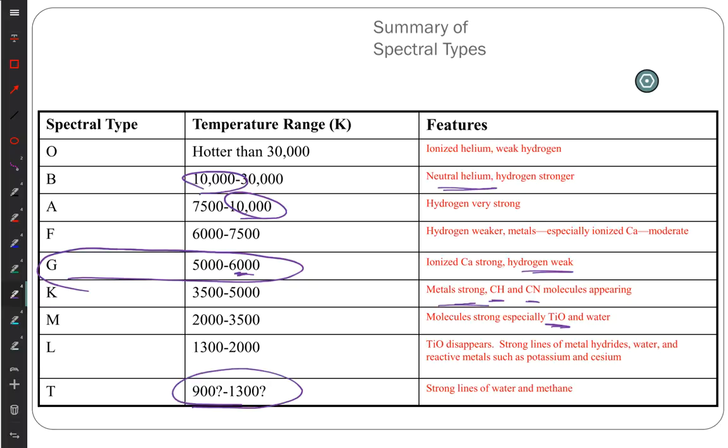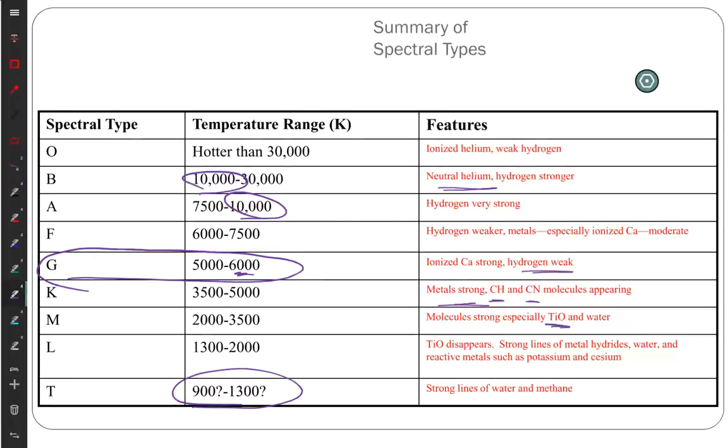So you should have this memorized. You should have the O-B-A-F-G-K-M, "oh be a fine girl, kiss me" sequence memorized. And you should memorize the temperature ranges that go with them. So spend some time with this table memorizing those 2 things, okay?